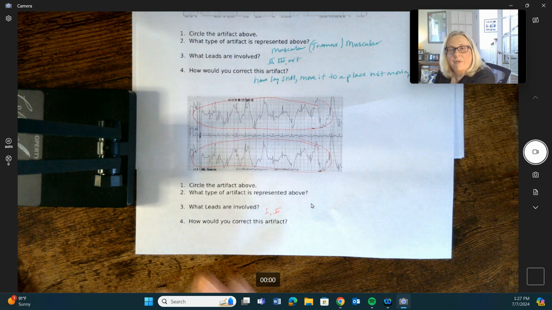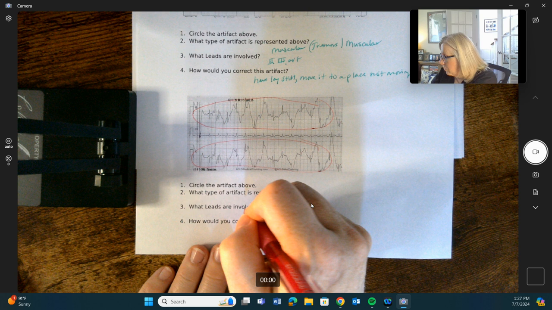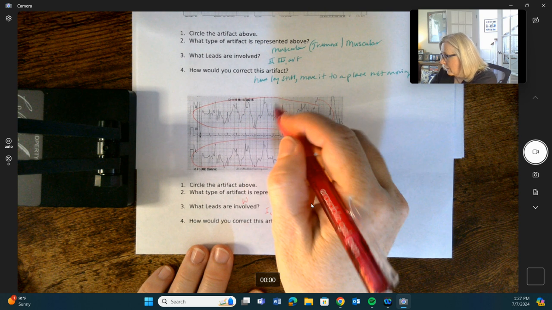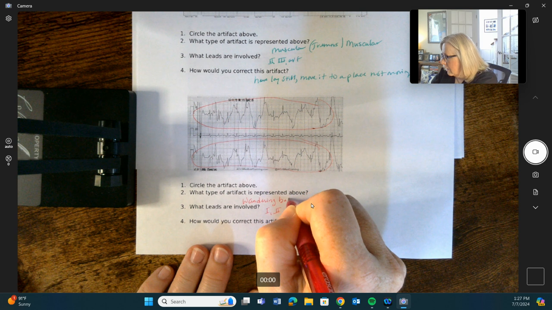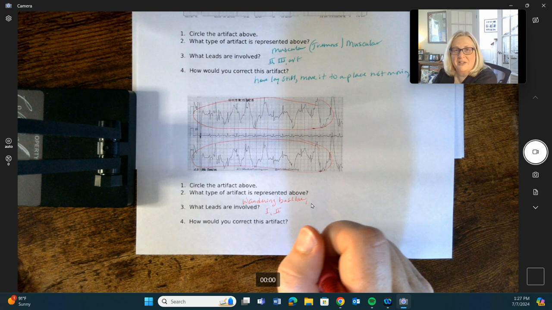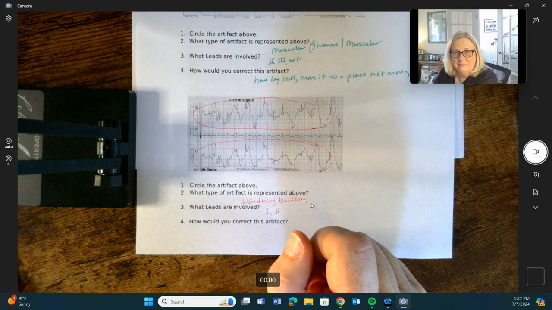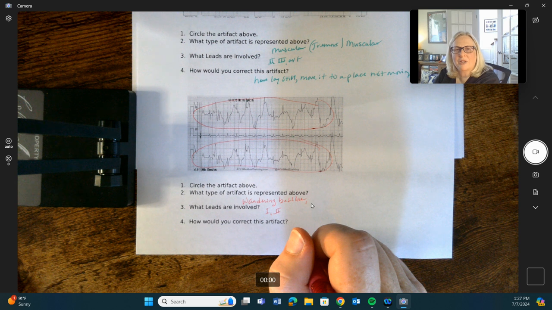This type of artifact, there isn't a specific name to it. Part of it is definitely wandering baseline, because you can see it go up and down, right? And part of it is that the stickers probably aren't attached properly. Okay? Which comes along with wandering baseline. So it may or may not be caused by them breathing.